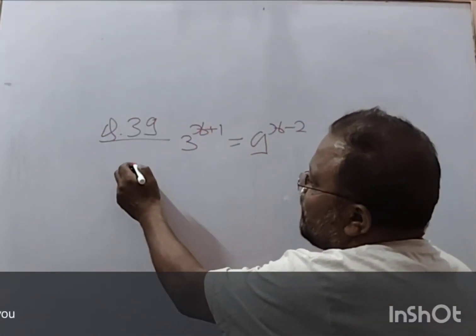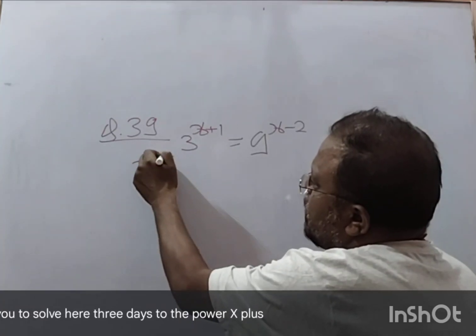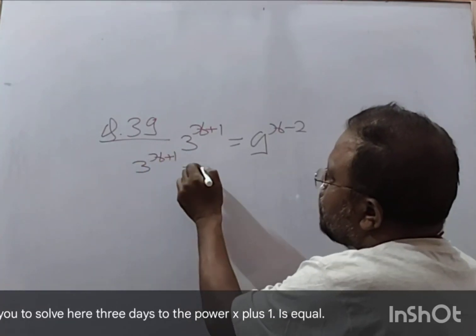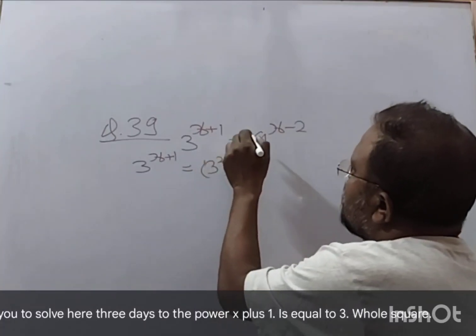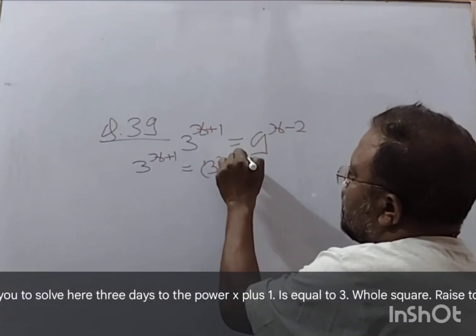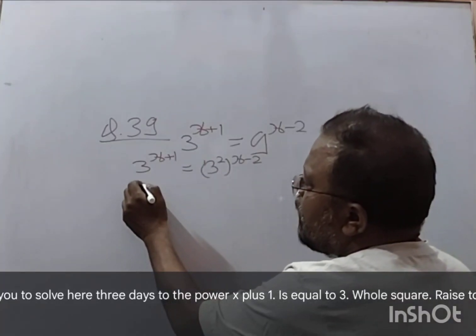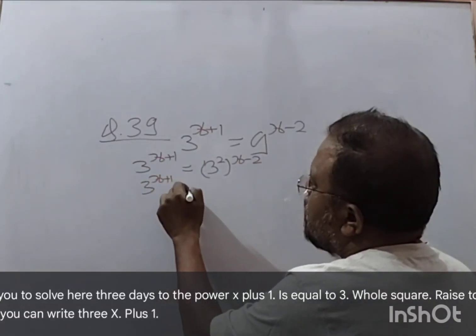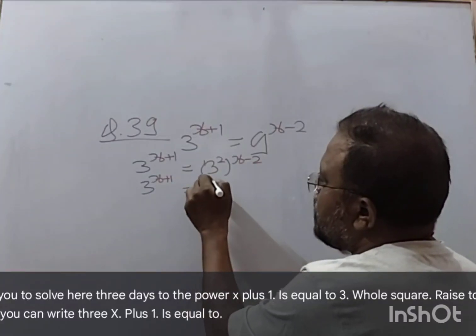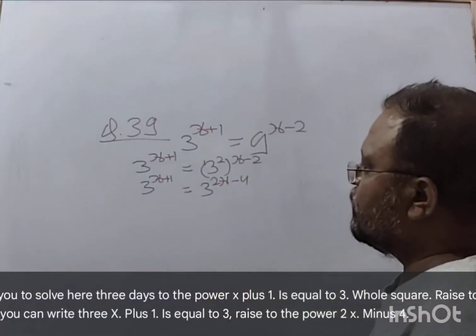First you solve here. 3 raised to the power x plus 1 is equal to (3 whole square) raised to the power x minus 2. Right? So you can write 3 raised to the power x plus 1 is equal to 3 raised to the power 2x minus 4.